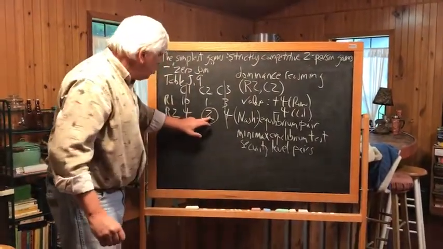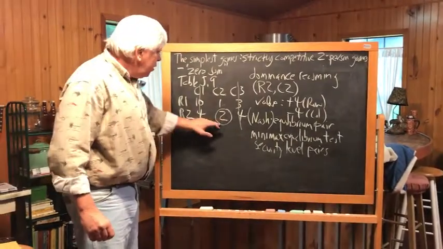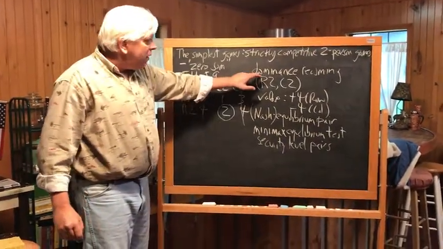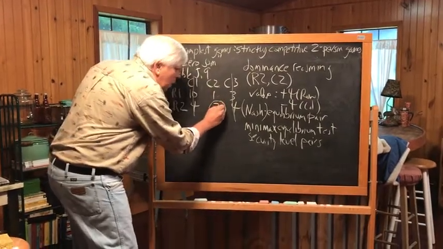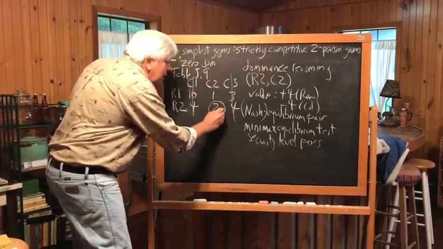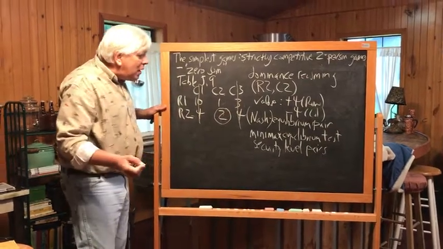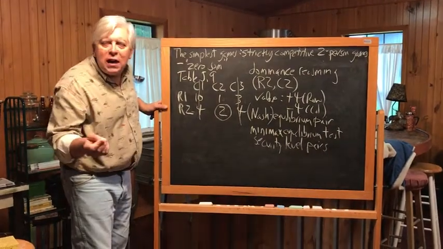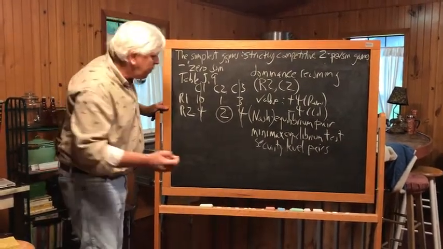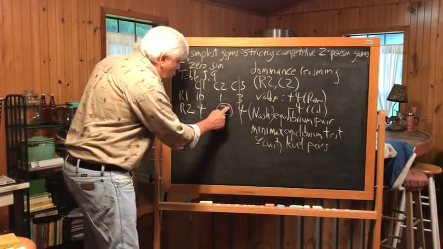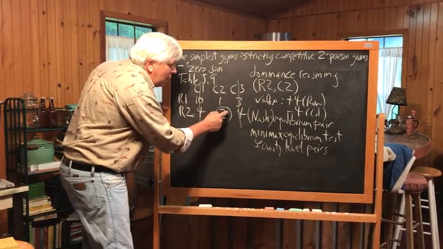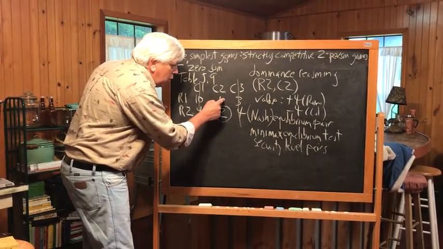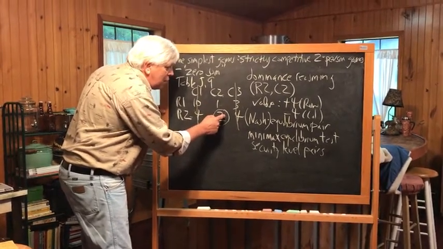Look at the solution to this game, R2, C2, that we reach via dominance reasoning. Notice that if they hit upon this particular pair, neither of them has any reason to unilaterally change his or her selection. If they're here, Rho has no reason to change from R2 to R1 because that would be giving up and losing, only earning 1 plus 1 instead of 2.